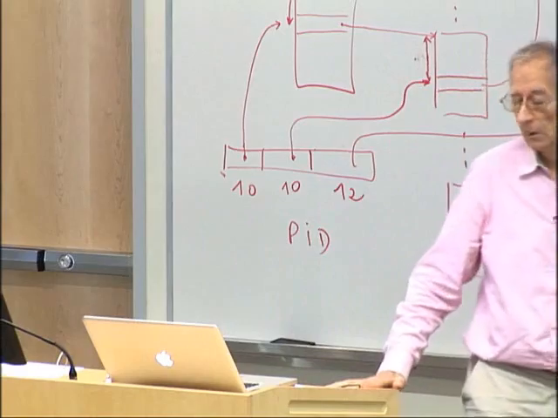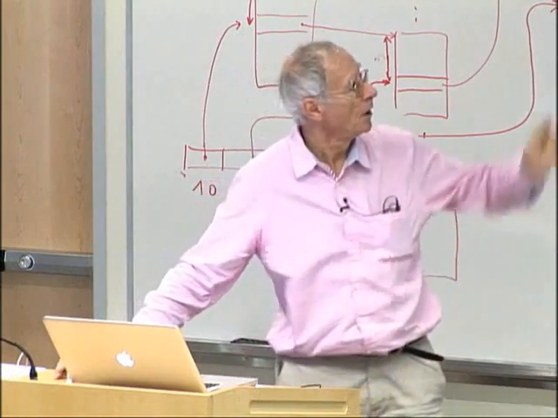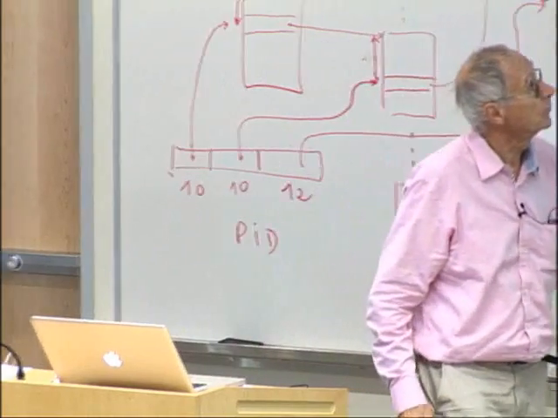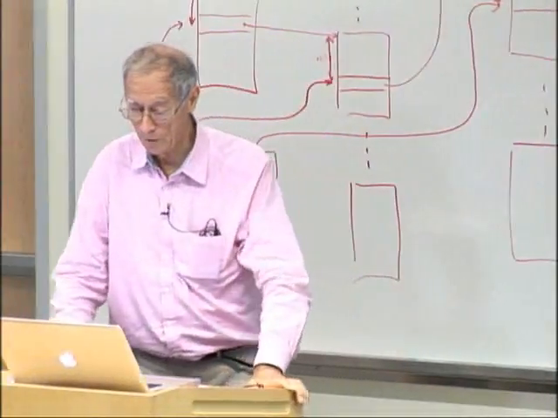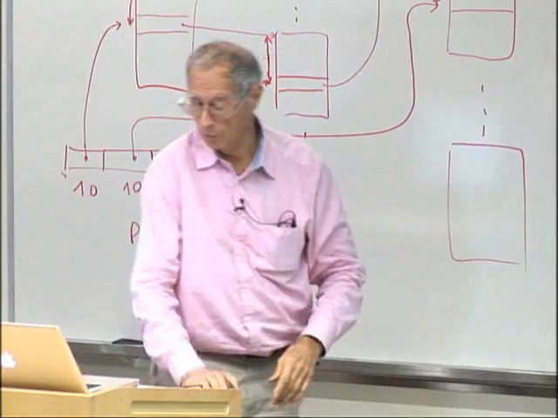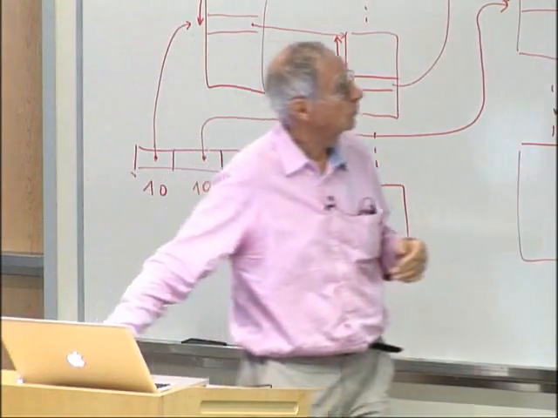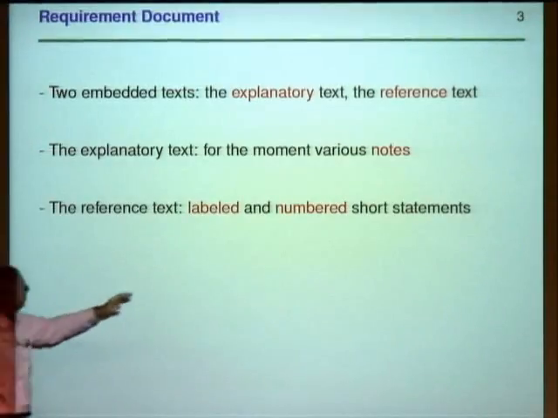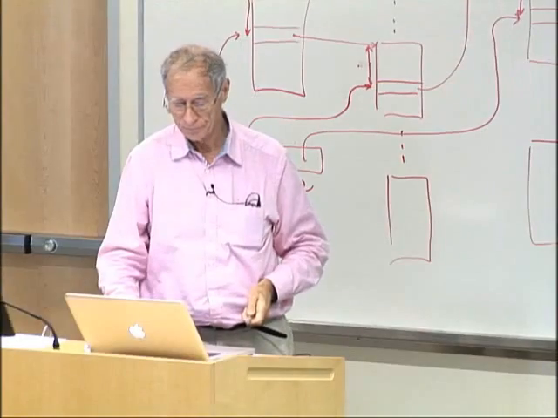For the moment, in the requirements we have some sort of short explanatory text, but we put a lot of effort to develop the various reference, and they are made of short statements that are labeled and numbered. So the first task we have to do is precisely for this project to define the labels we've envisaged.